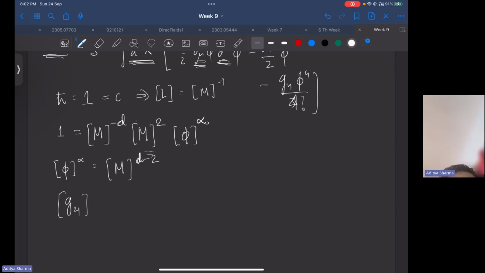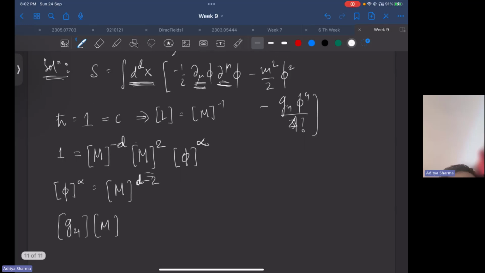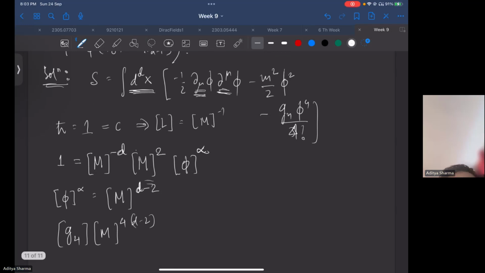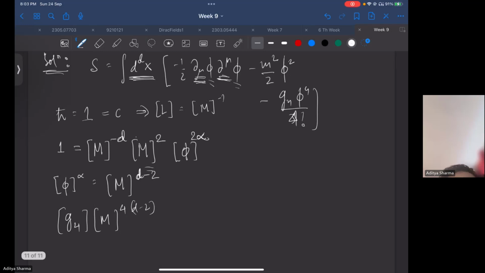Now let us look at G4. So the dimension of G4 times phi to the power 4, that is m to the power 4d minus 2. There are two fields here, so this should be 2 alpha. So I'll have d minus 2 by 2, so 4 times d minus 2 by 2.